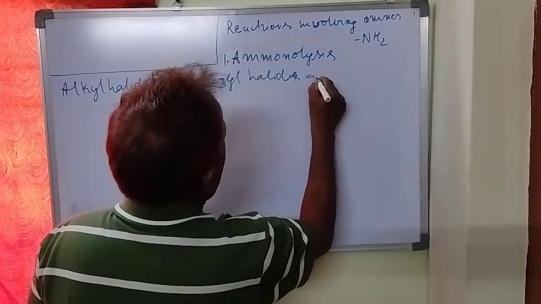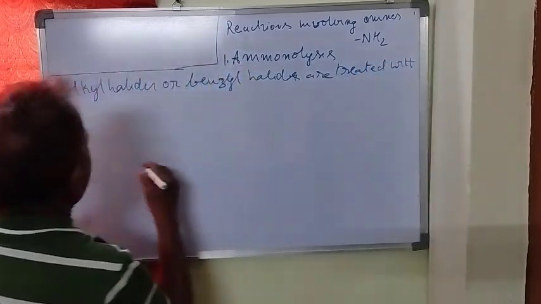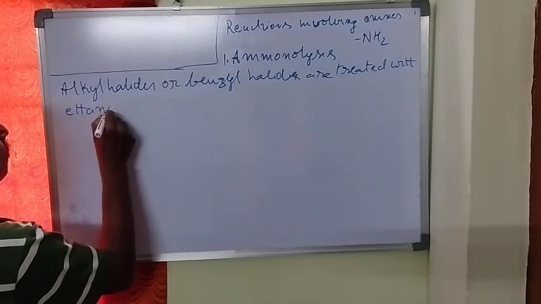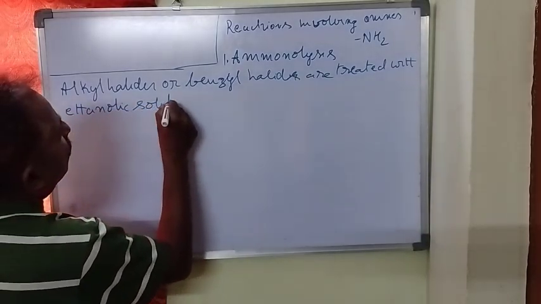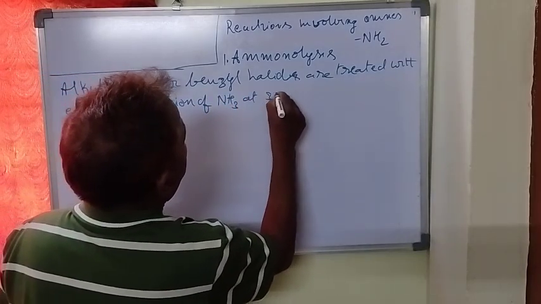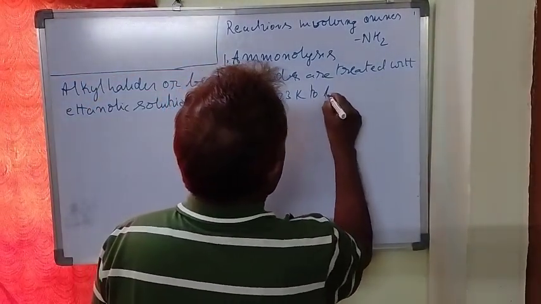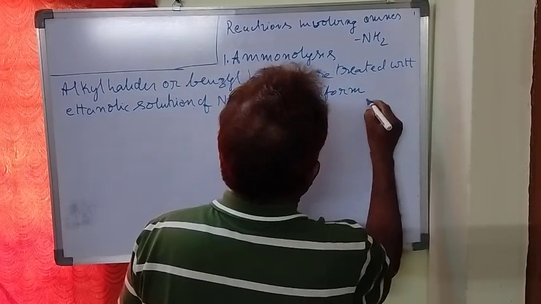In ammonolysis, alkyl halides or benzyl halides are treated with an ethanolic solution of ammonia at 373 Kelvin to form amines.